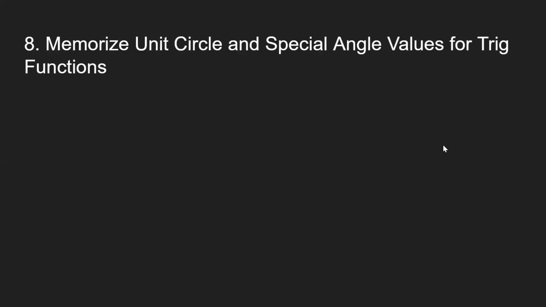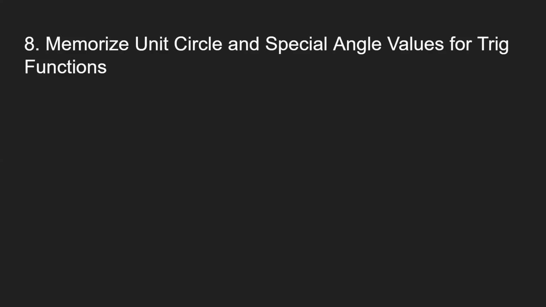Now, closely related, because it's of a trig nature, is memorizing the unit circle and special angle values for trig functions. So you're going to be dealing with sine, cosine, tangent, cosecant, secant, cotangent, and their special angle values like pi over 3, pi over 4, pi over 6, pi over 2.